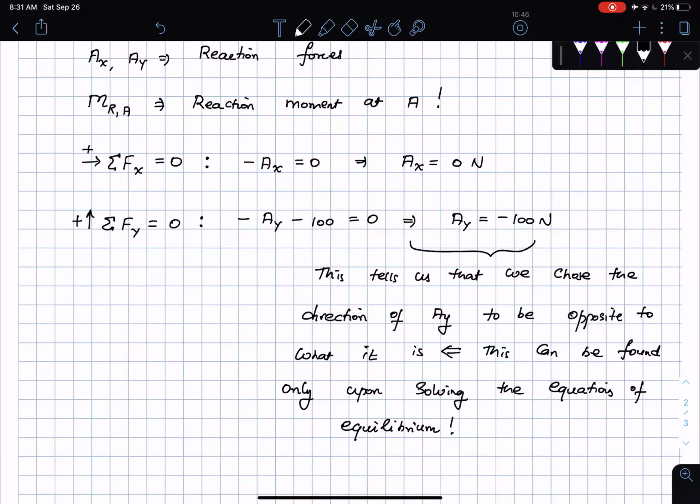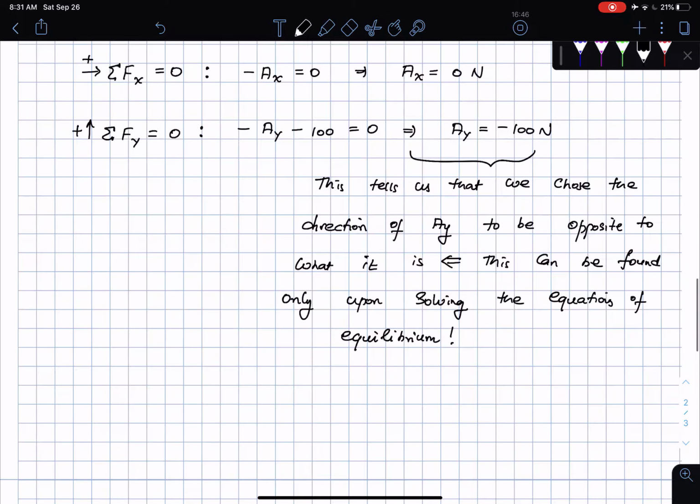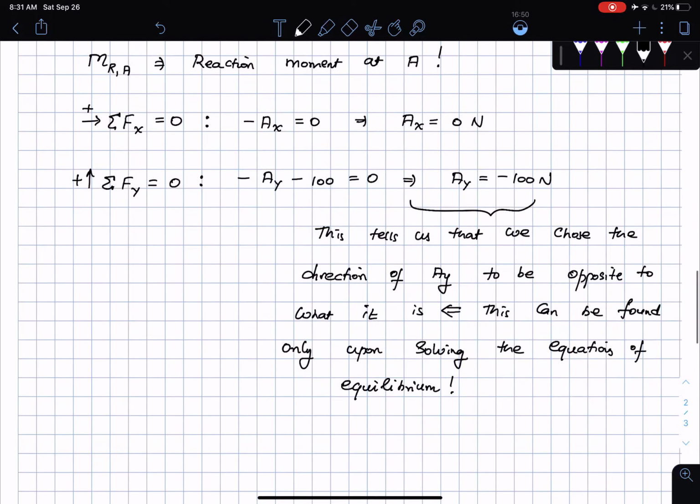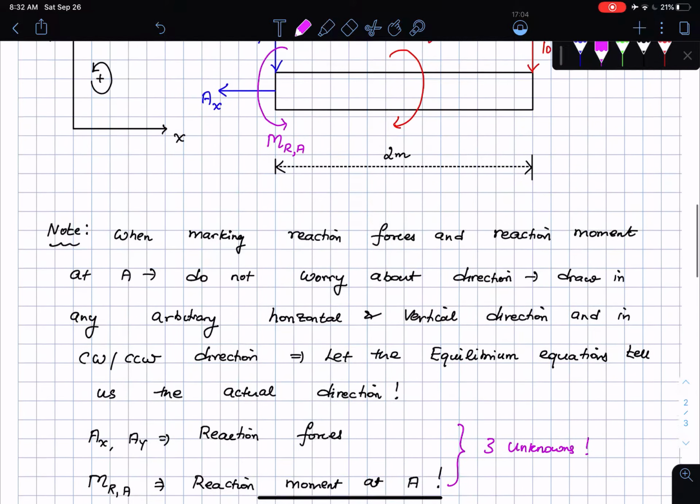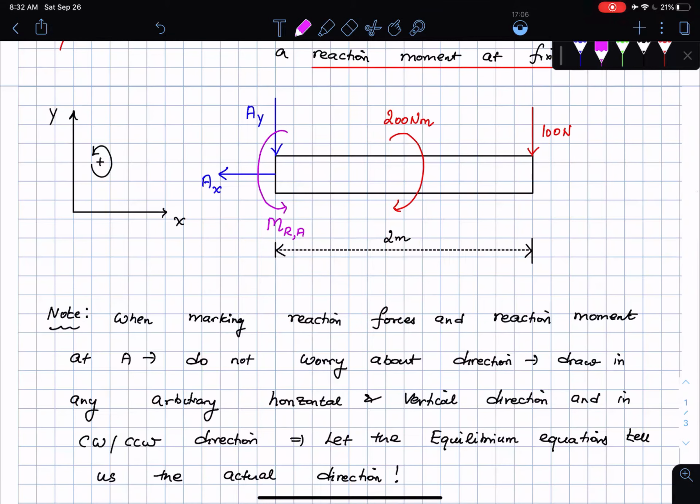Okay, and then lastly I come to an important point in this problem. I need to find the reaction moment. The reaction moment is an unknown quantity, right? So I have 3 unknowns in this problem. There are 3 unknowns. So how do I find the third unknown? Is by doing the following. I can sum moments about any point on the body.